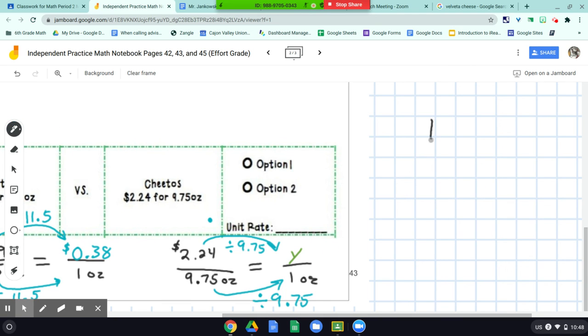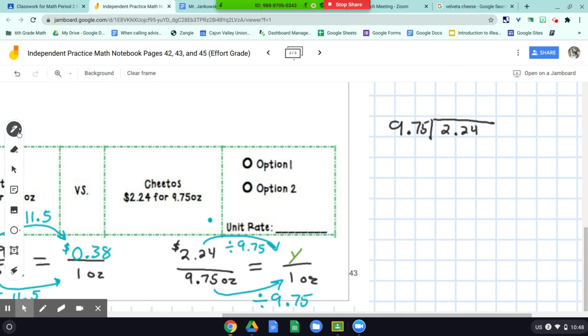Again, I need some space for this because we're talking about decimals here. And I'm going to have to make some adjustments. So I'm going to be putting 224 hundredths inside the house. And then on the outside of the house, I'm going to put 975 hundredths. Now, we mentioned this earlier.